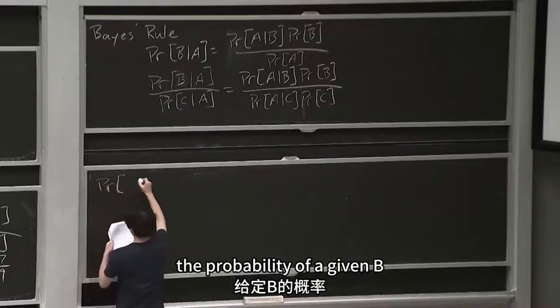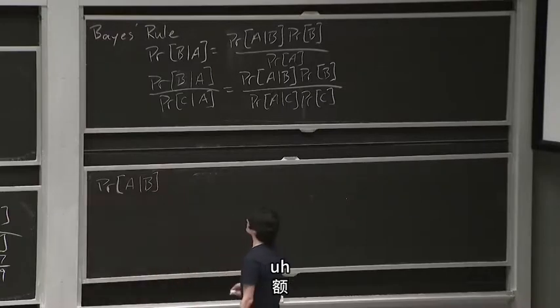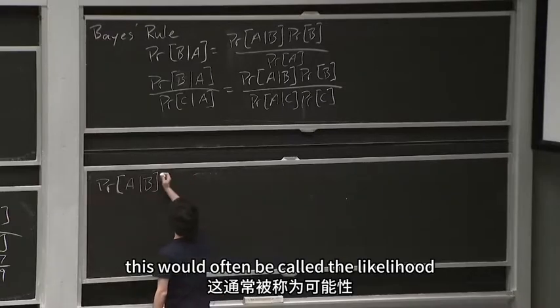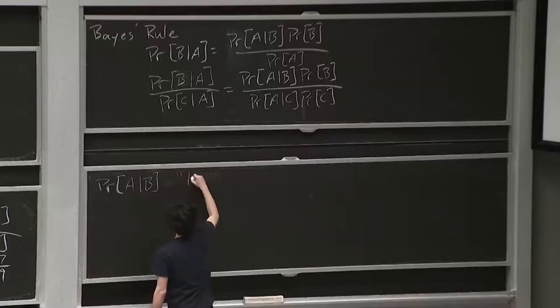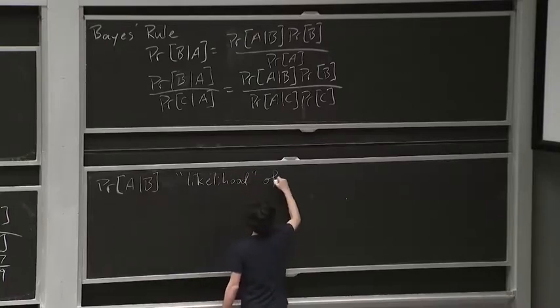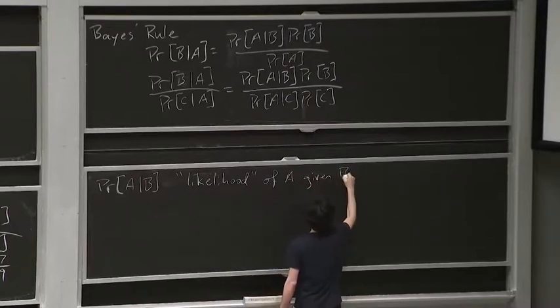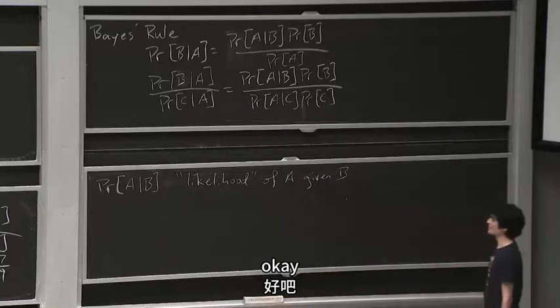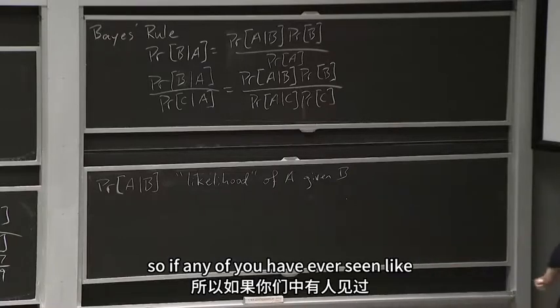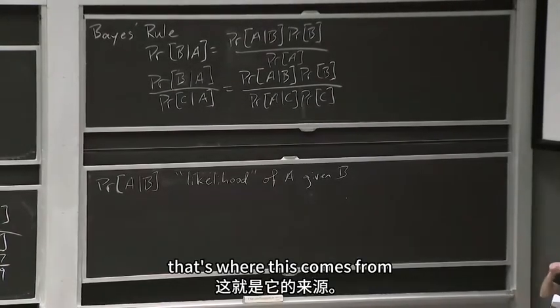The probability of A given B would often be called the likelihood of A given B. If any of you have ever seen maximum likelihood estimation or anything like that, that's where it comes from.